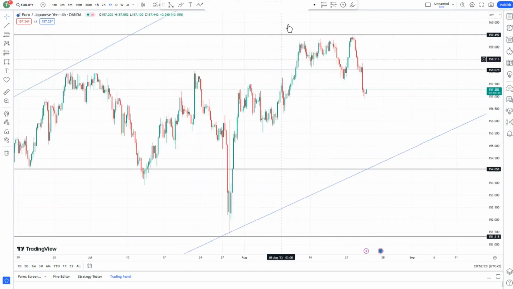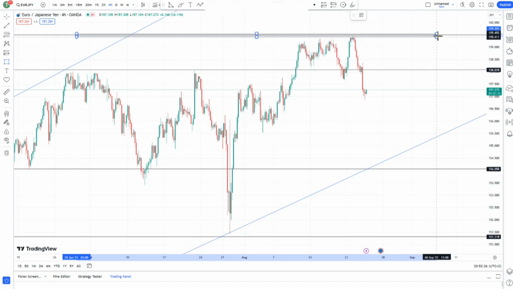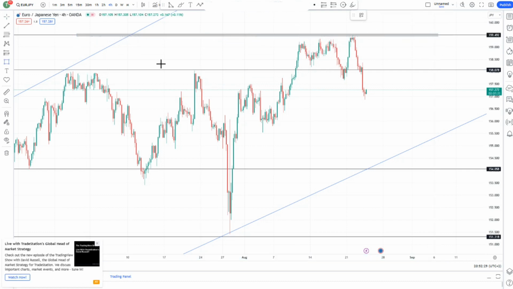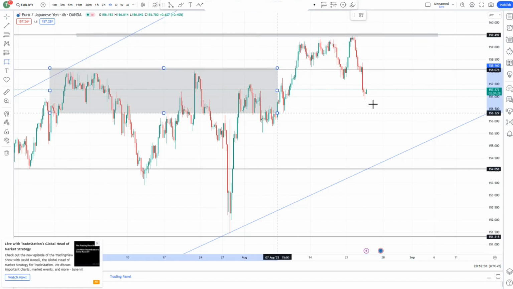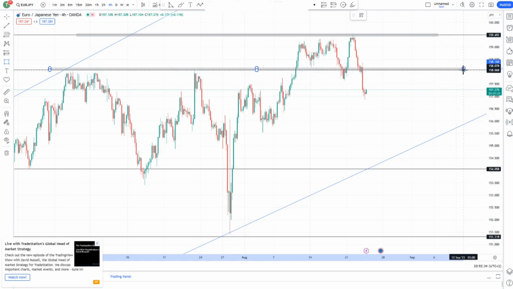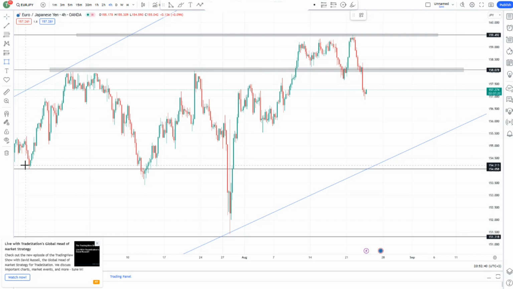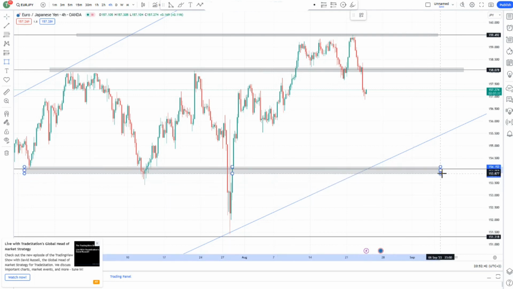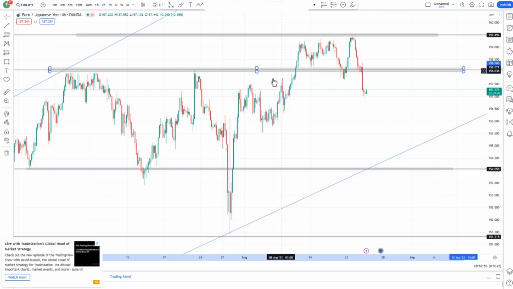So now I'm going to go to the 4-hour time frame, and that's where I'm going to be zoning out my key levels. I zone out my key levels from the daily time frame. Like I said last time, you need to make sure that your zones are thin.